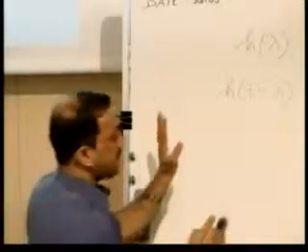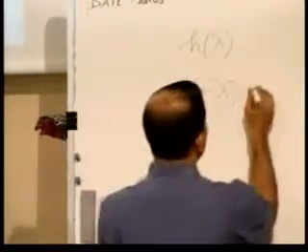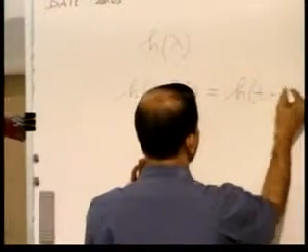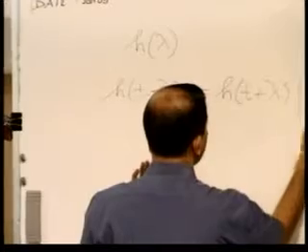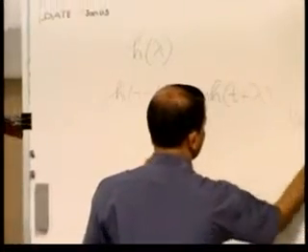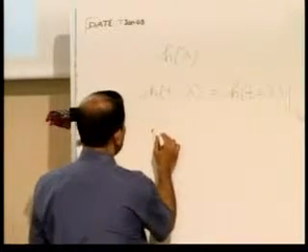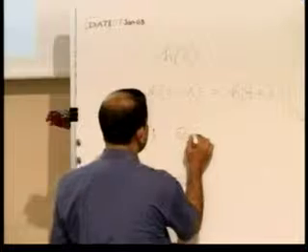And how did we obtain h of t minus lambda? We obtained it in two steps. We said this is equal to h of t plus lambda with lambda replaced by minus lambda. In other words, there are two steps in this process. The first step is to shift backwards by t.